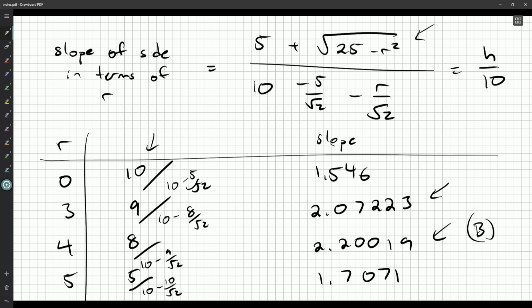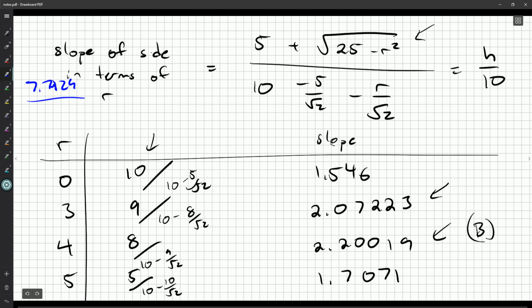5 plus square root of 25 minus, let's say 4.2 squared, is about 7.7. 7.7129. And then divide by 10 minus 5 plus 4.2, just to make our lives a little easier, square root 2.